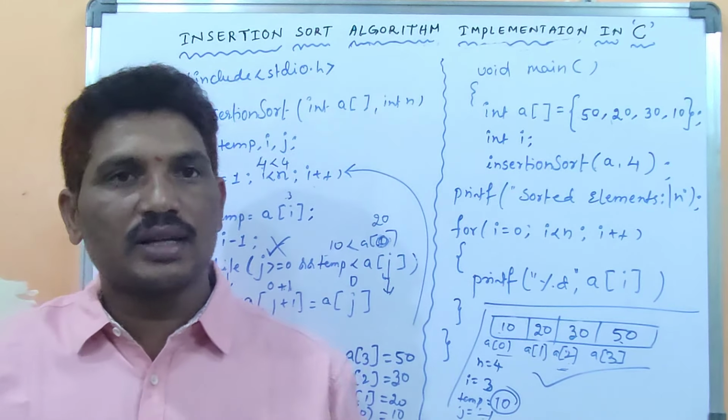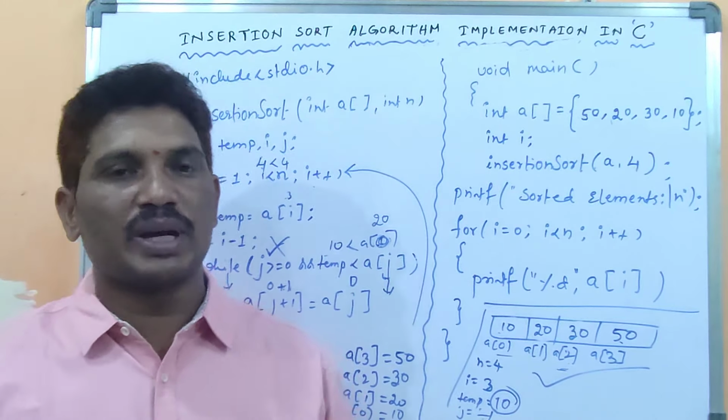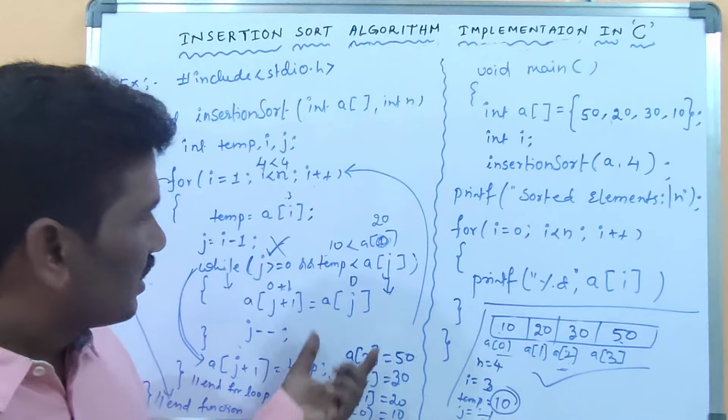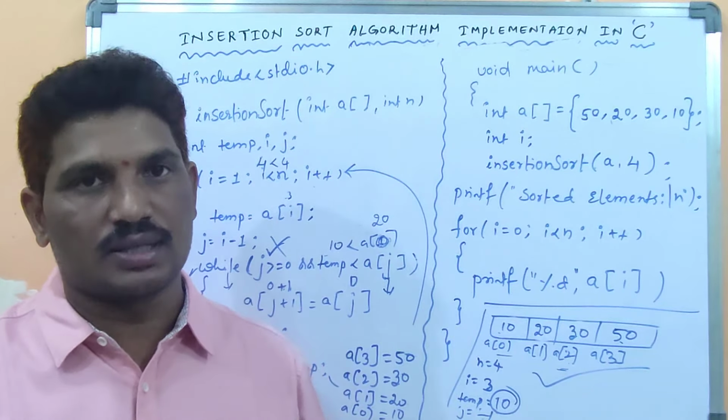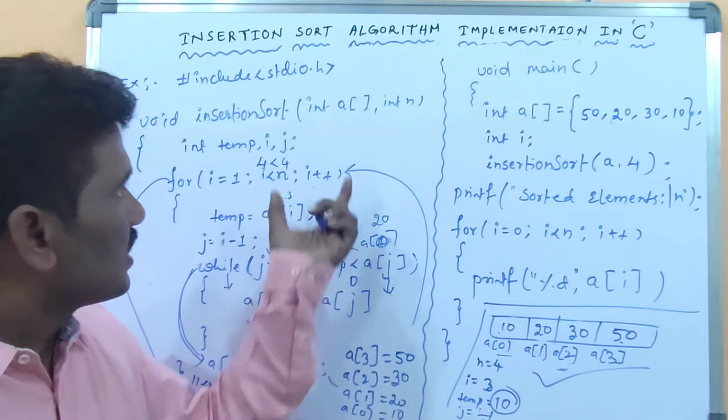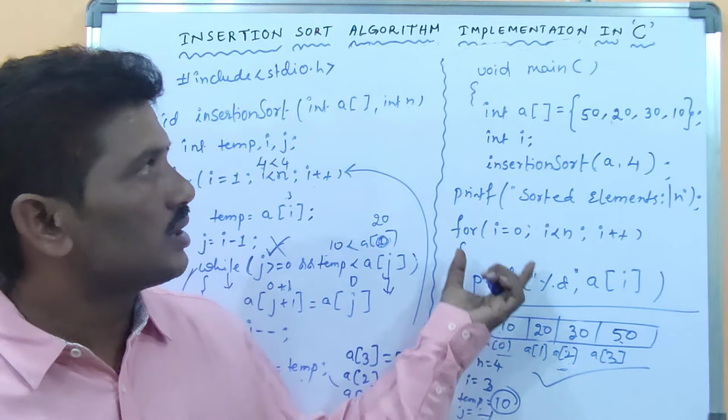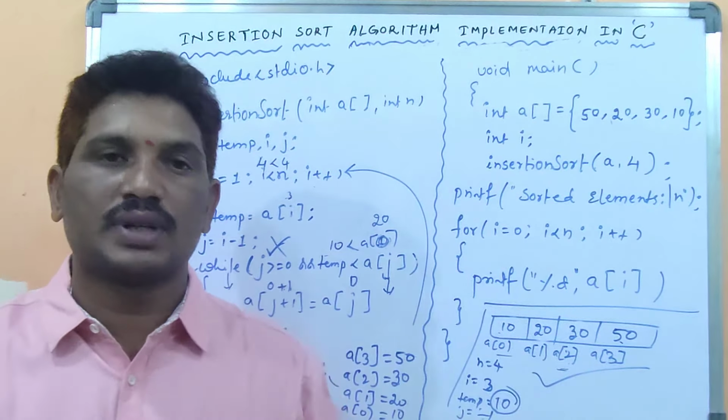Okay, it is a good algorithm compared with the bubble sort. There are many iterations in the bubble sort, but here it takes fewer iterations. Okay, fewer swappings. Okay, this is the implementation part in C programming for the insertion sort.